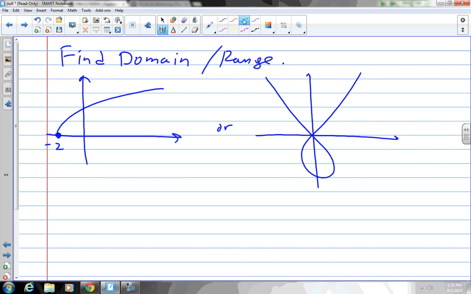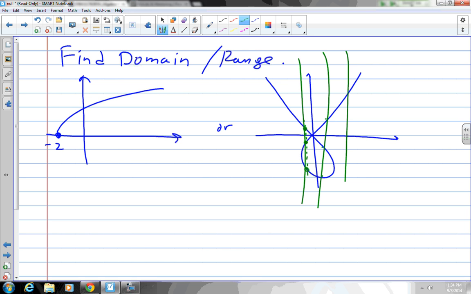Here, if I pick this x value right here, I have three ordered pairs that have the same x value and different y values. So this is what we call a vertical line test. If you put a vertical line through a graph, and any of those lines intersect your graph at more than one point, it's not a function.